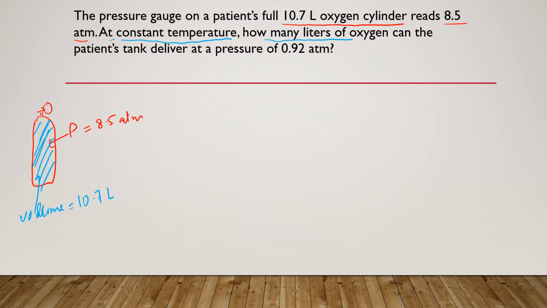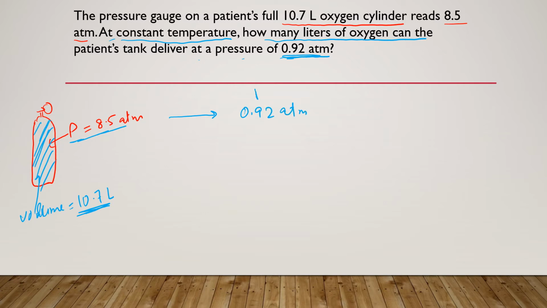How many liters of oxygen can the patient's tank deliver at a pressure of 0.92 atm? Okay, so now we have a situation in which our starting pressure is given and starting volume is also given, and we want to figure out what happens if the pressure is decreased to 0.92 atm.